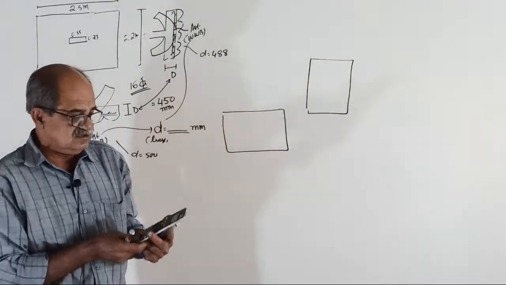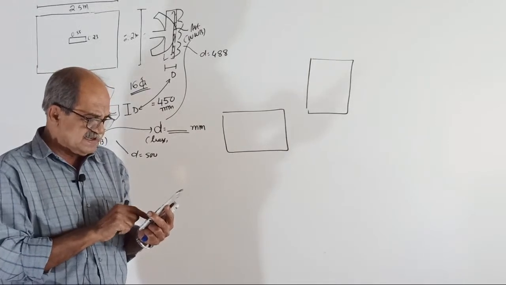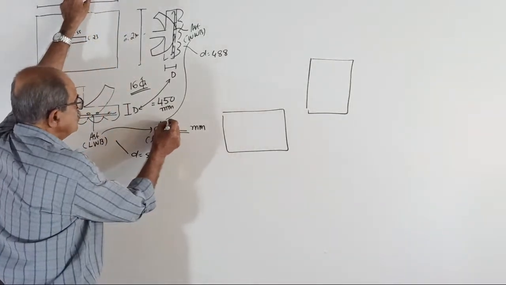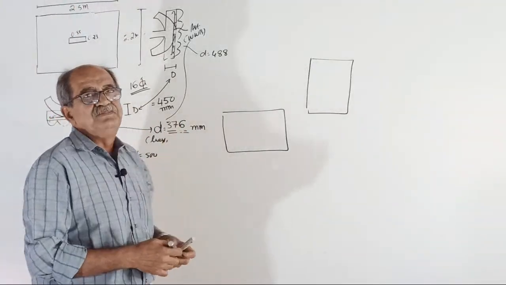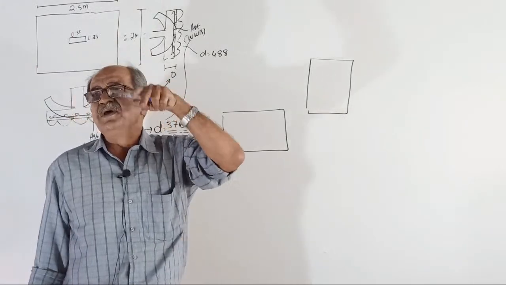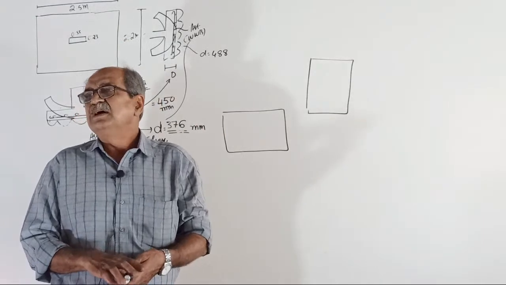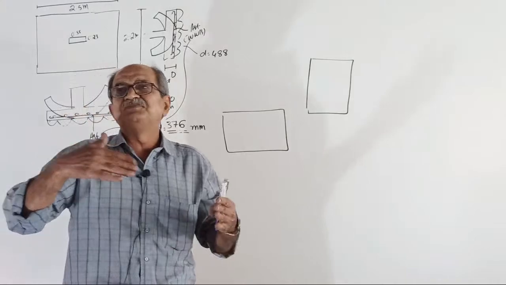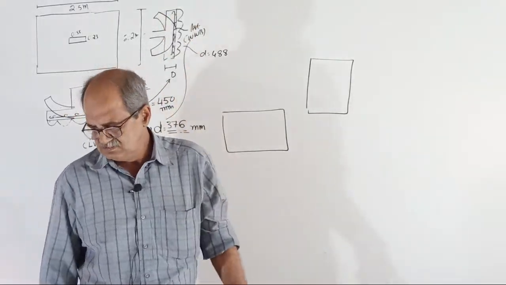Don't give wrong values. 450 minus 50 minus 16 minus 8 is 376 millimeter. So both we will take 376, so that at the site, if they interchange, we need not bother. Otherwise, you have to give instructions there. And when you design multiple footings, it becomes a problem to decide which is the first D. Therefore, take the lesser D. That's all.